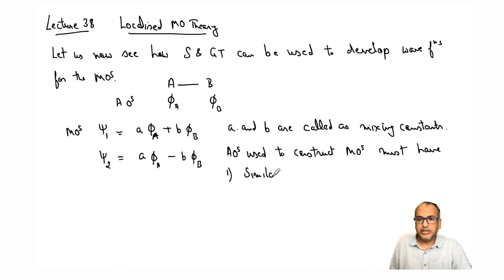If the energies are not in a similar range, it is not possible for the two atomic orbitals to combine. So for example, an atomic orbital from one principal quantum number cannot be combined with an atomic orbital from a second principal quantum number, right? So n has to be at least similar.